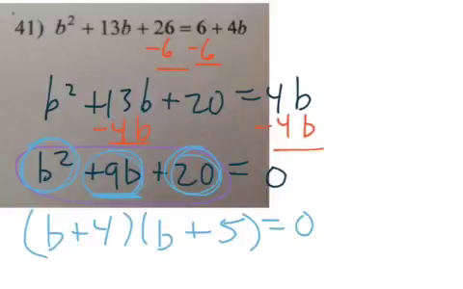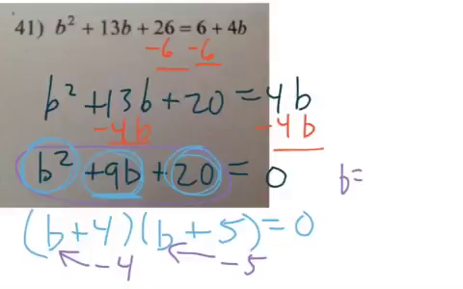Wasn't that pretty easy? And now, what plus 4 makes it 0? That's negative 4. What plus 5 makes it 0? Negative 5. So I now know that b equals negative 4 or negative 5.